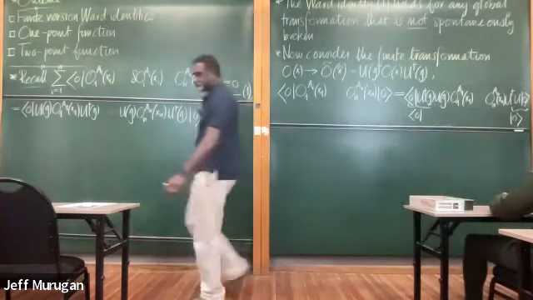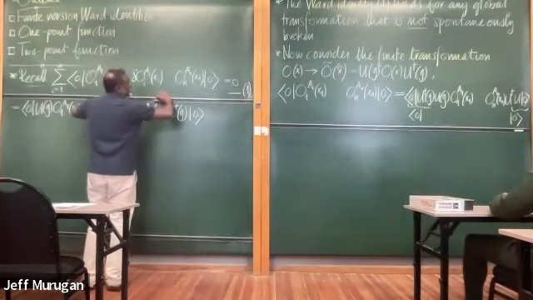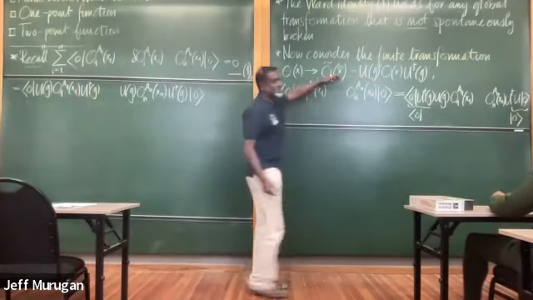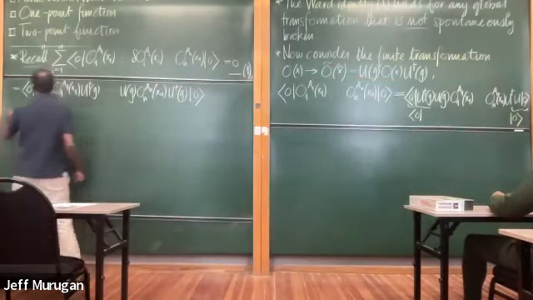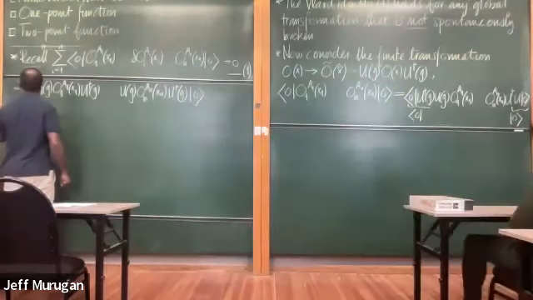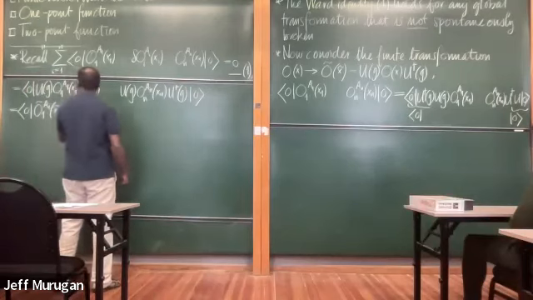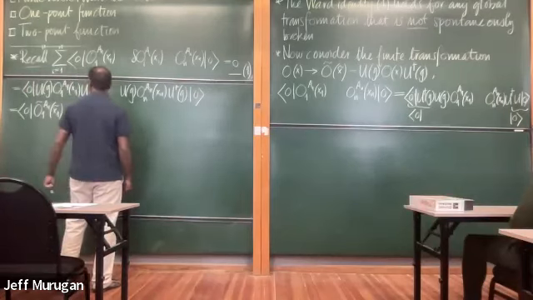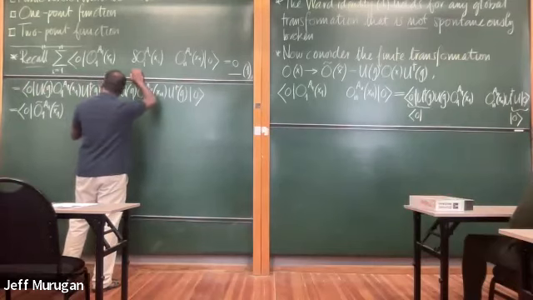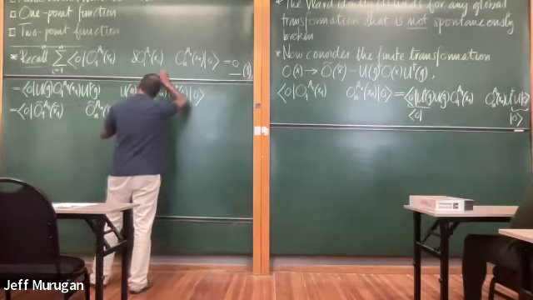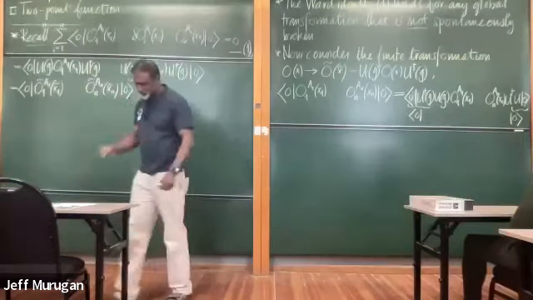Okay. But then this combination of U, O, U dagger is nothing but the transformed operator. So this is O1 A1 at x1 tilde all the way through to On An at xn tilde on the vacuum.